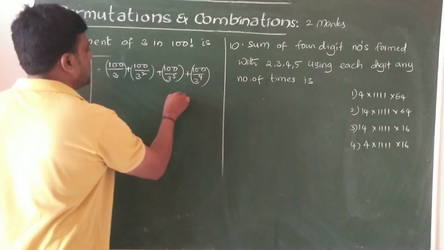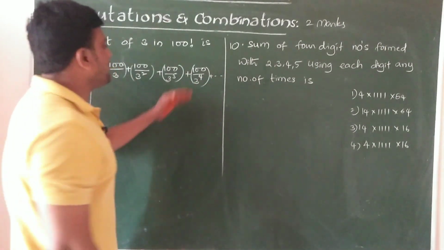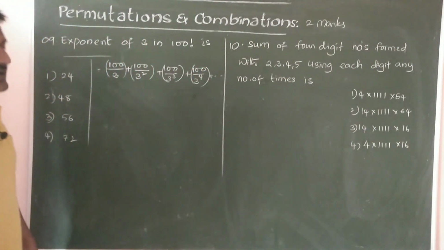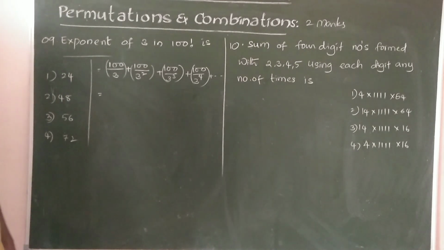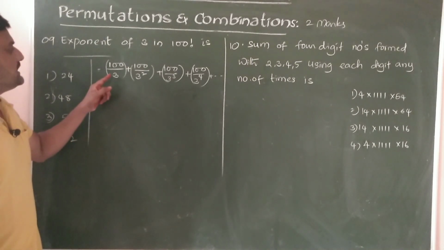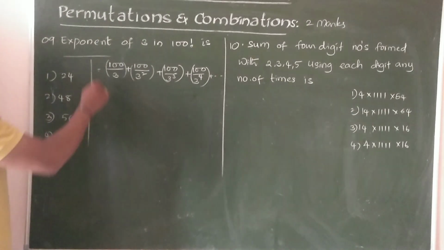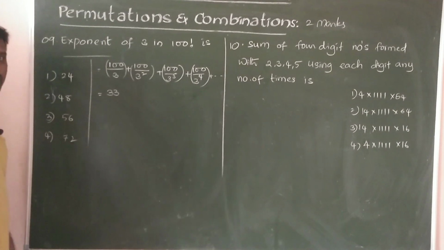Enough, because 3 power 5 is above 100. 100 by 3 is nearly 33 point something, so how many 3's are there? 33 at maximum.